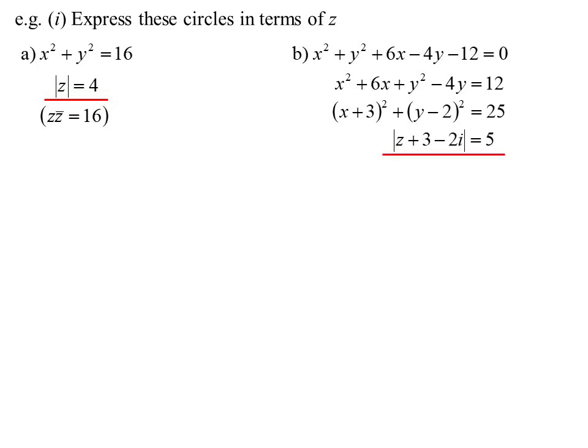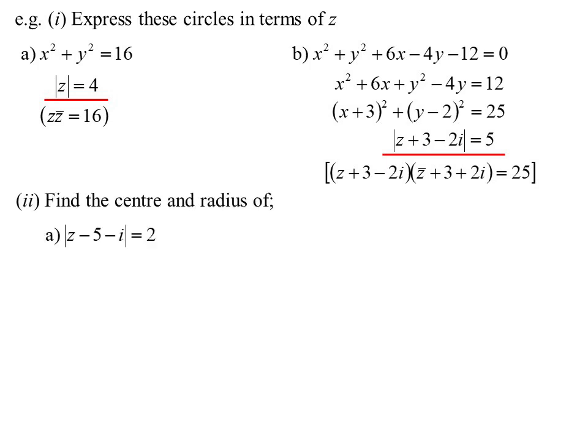So I'm saying it's the modulus of z plus 3 minus 2i is equal to 5, so z minus the centre. In conjugate notation, that would be z plus 3 minus 2i, times the conjugate of z plus 3 minus 2i, which is z conjugate plus 3 plus 2i, is 25.